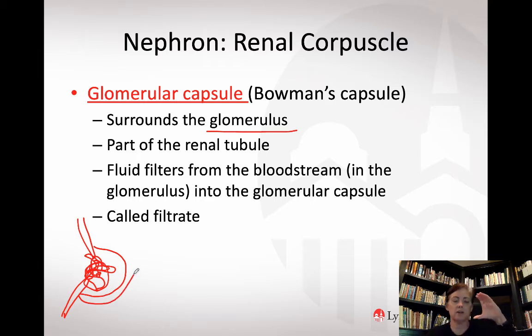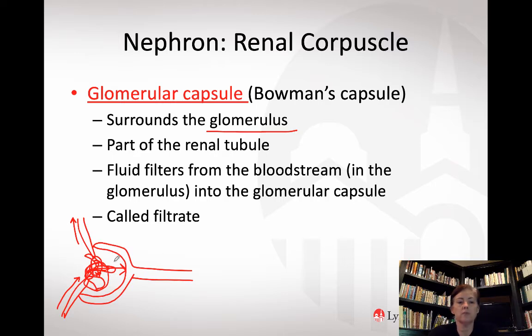It's basically forming this structure that's surrounding that tangled knot of capillaries, and fluid is going to travel into this capillary. Because that capillary is porous, because it's fenestrated, that pressure is going to push some of the fluid from the capillary into Bowman's capsule, and then the rest of the fluid that doesn't get pushed into Bowman's capsule is going to leave the glomerulus.